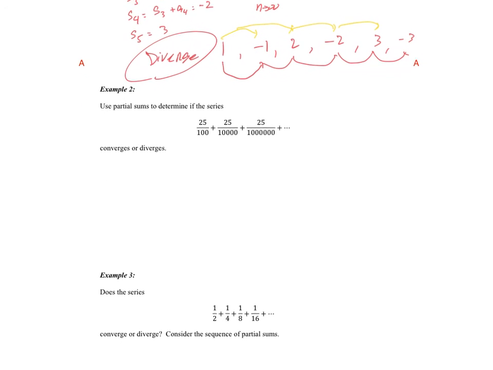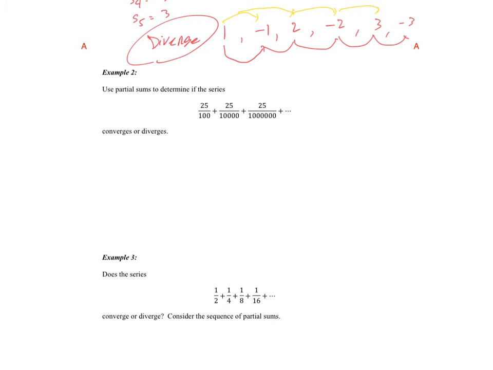All right, now it says use partial sums here to tell me if it converges or diverges. Well, the 25 on top really isn't doing much here. So if I have my s sub 1, I'm noticing there's a series of zeros here.